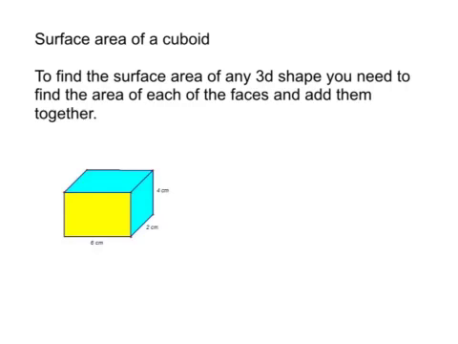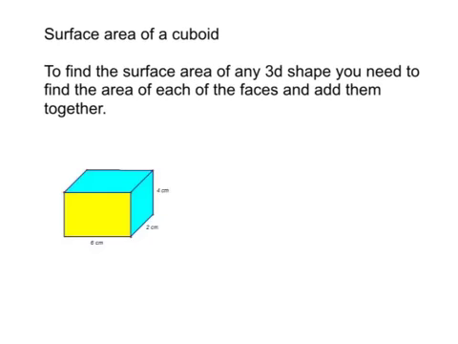And when we're working with cuboids, it's quite easy because we've got two of each shape. So, for example, the front and the back will be the same, the top and the bottom will be the same, and the left and the right will be the same. So, looking at this example, the yellow face facing towards us, we know is 6 times 4.